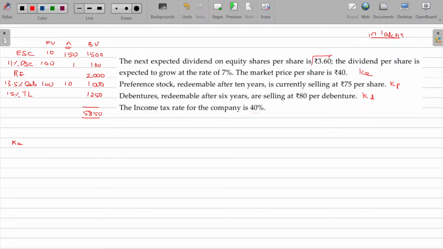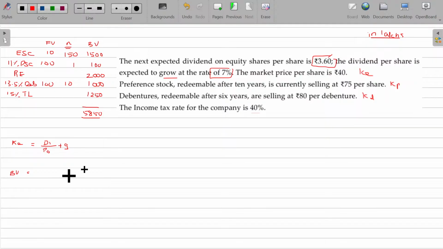Dividend detail is there, growth detail is there, so automatically we have to use the constant growth Gordon's growth model. KE is equal to D1 by P0 plus g under the book value approach.